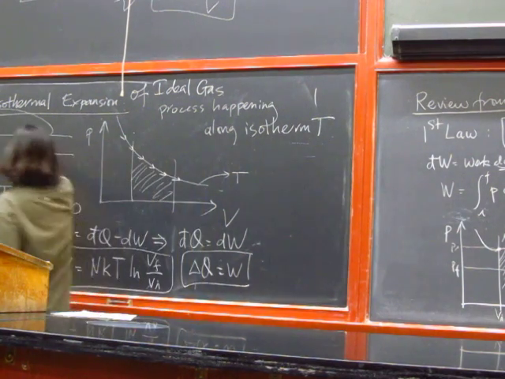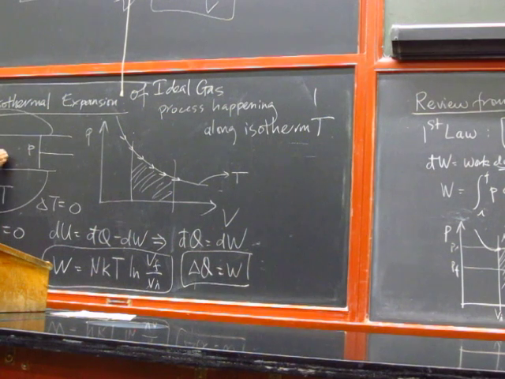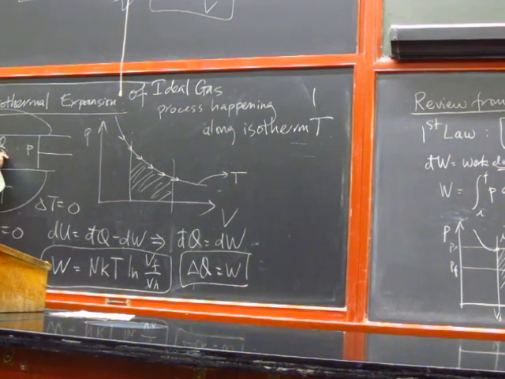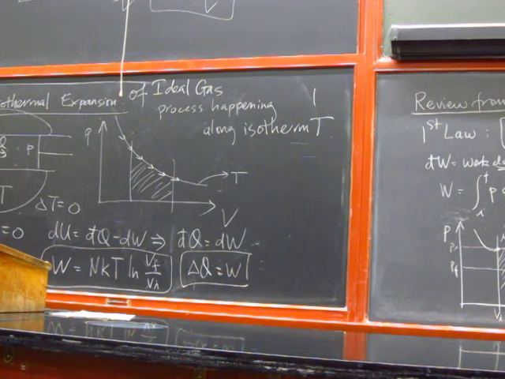The work that the gas is doing comes at the expense of the heat transfer coming into the system. The internal energy of the gas stays the same. This thing expands, it sucks in heat from the heat bath, and we assume that the heat bath is infinite, so nothing changes. Is this clear?